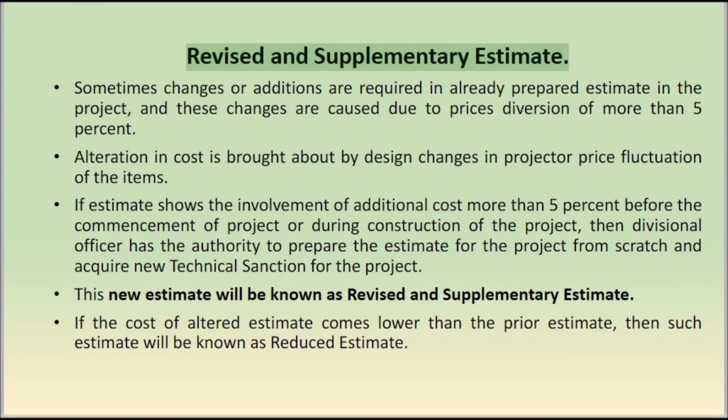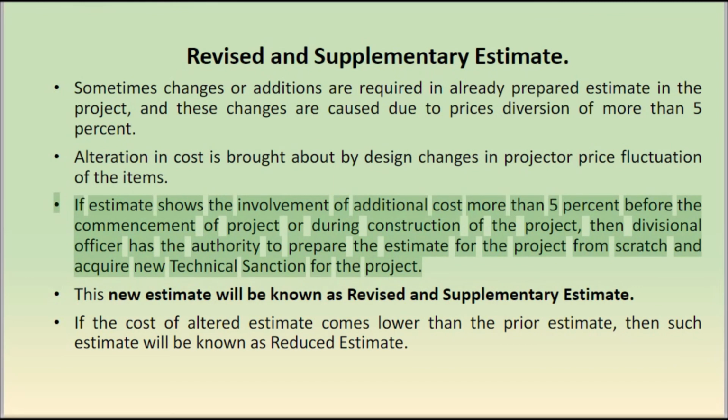Revised and supplementary estimate. Sometimes changes or additions are required in an already prepared estimate in the project, and these changes are caused by price diversion of more than 5%. Alteration in cost is brought about by design changes in the project or price fluctuation of the items.